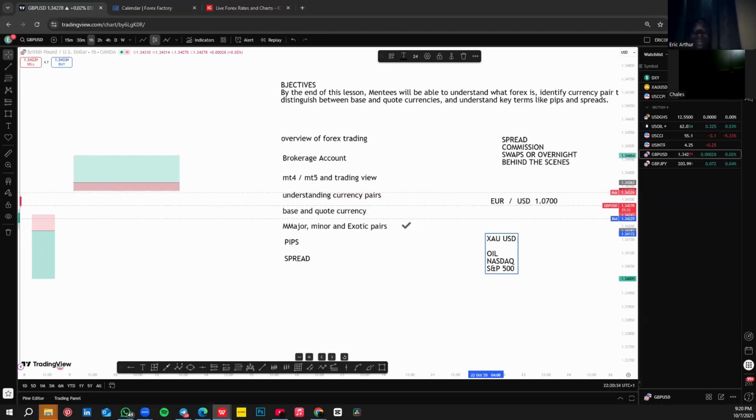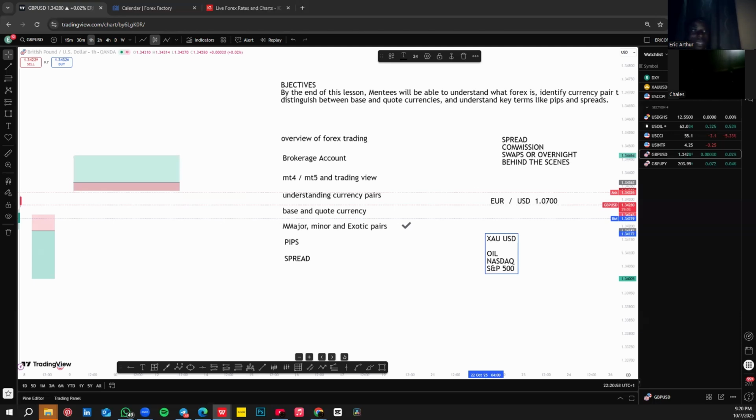So with this, instead of one currency against another, you are trading a commodity against a currency. That's how it is. Now you understand gold and the USD.